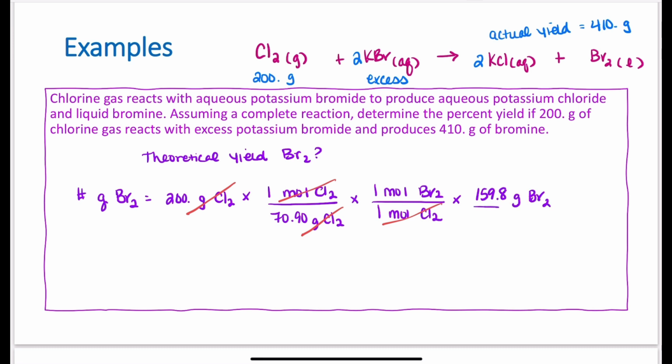And that is grams of Br2 per mole of Br2. Calculate this out, and you're going to get 451 grams of Br2. And again, that is your theoretical yield.